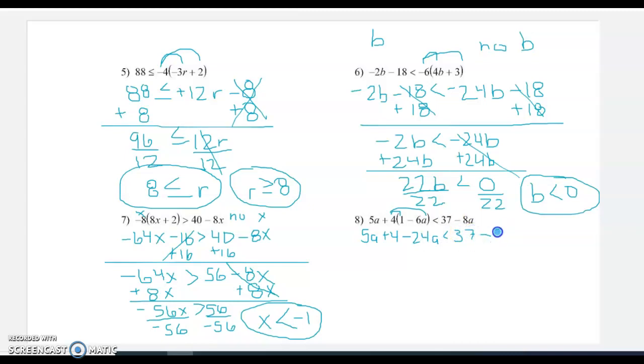But what I noticed is that didn't simplify that left-hand side. I have some like terms over there that I can combine. So I can combine the 5a minus 24a. That would become negative 19a. And everything else is the same, right? I still have plus 4, and I'm still less than 37 minus 8a.